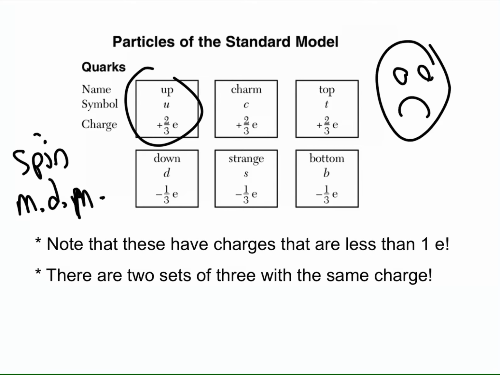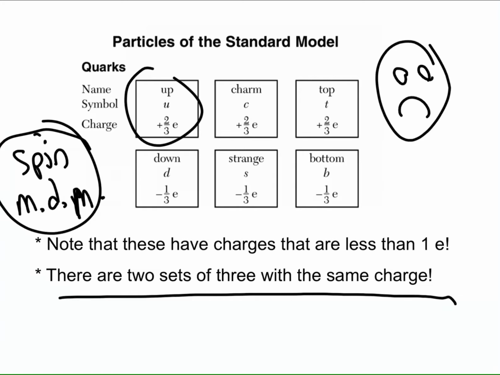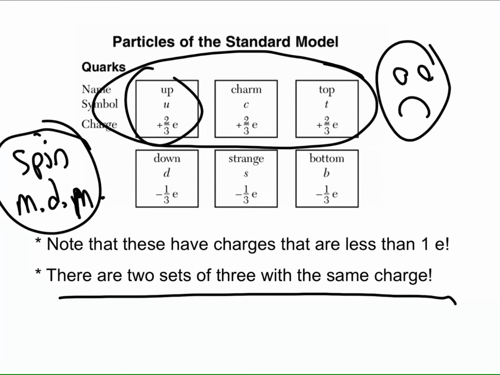Now, there are 2 sets of 3 with the same charge. That's why you have to have this other information, because otherwise the up, the charm, and the top would be indiscernible from each other, because they all have a charge of 2/3 e. They're all reasonably the same size. They're all so small we can't actually physically see them with the naked eye.